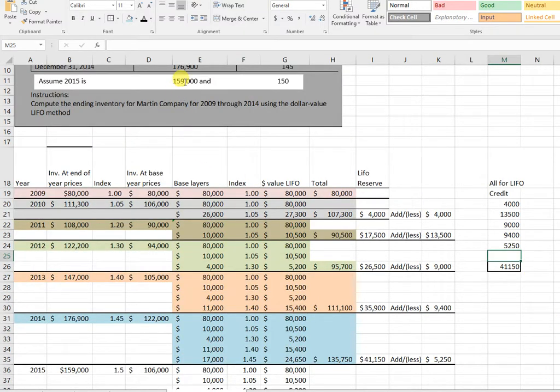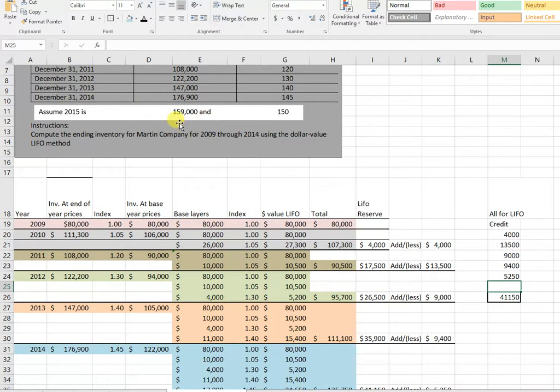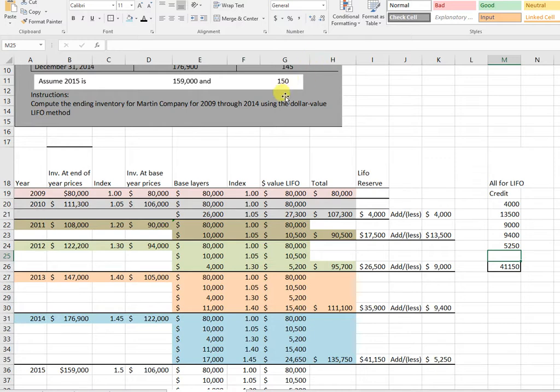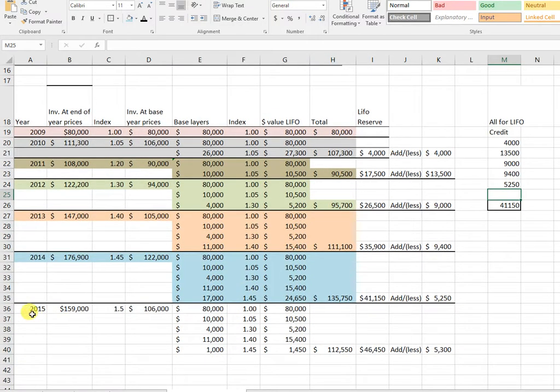Last year, 2015 is 159. I should be suspect because it's going down, so I'm going to lose a layer, or I'm going to not have a 2015 layer. So it's 150%. So 159,000 divided by 1.5 is 106,000. So notice I'm going down from the 122, so I'm not going to have all of these.